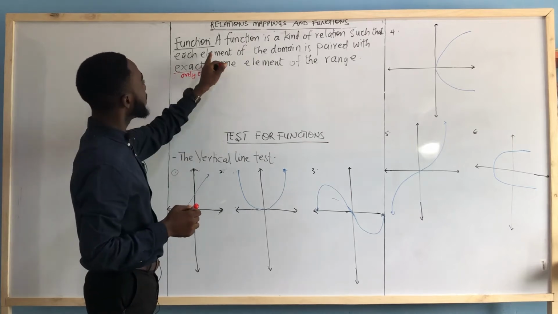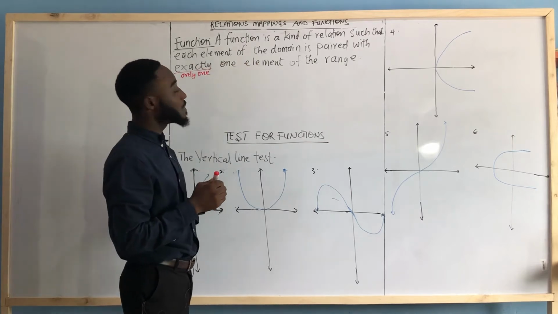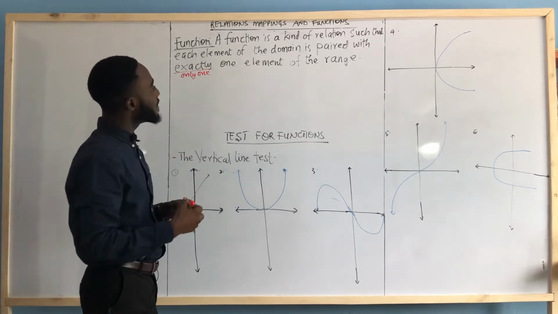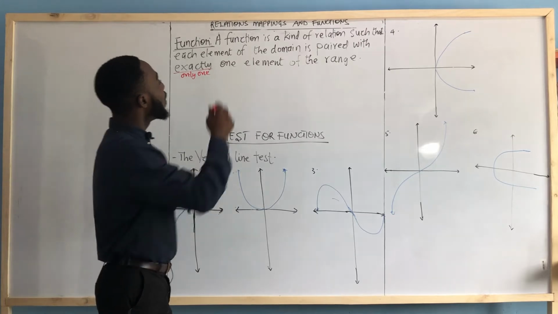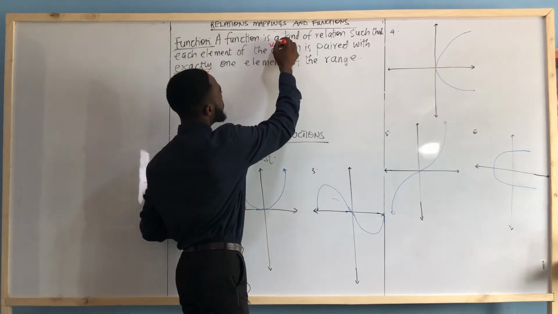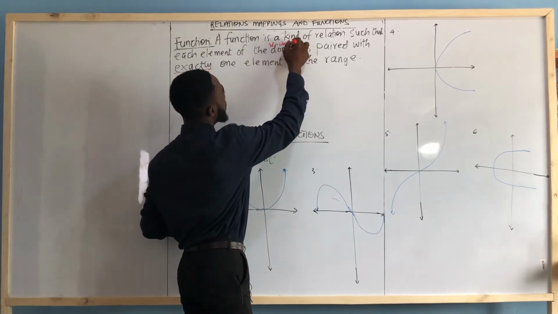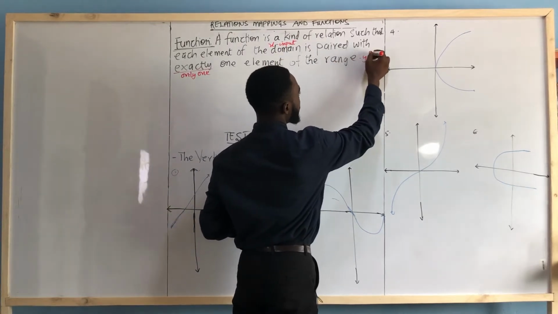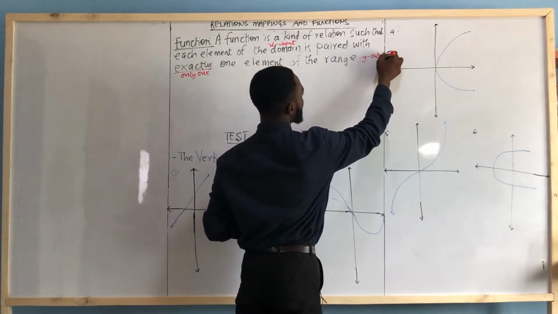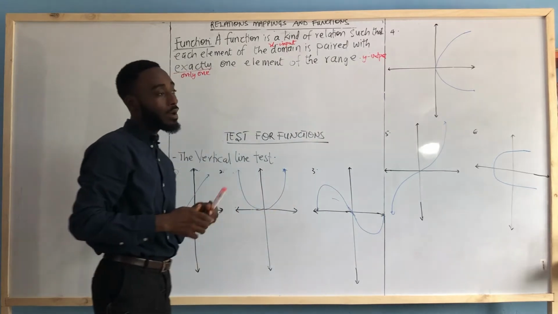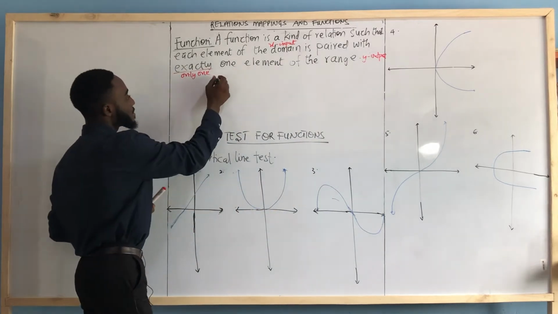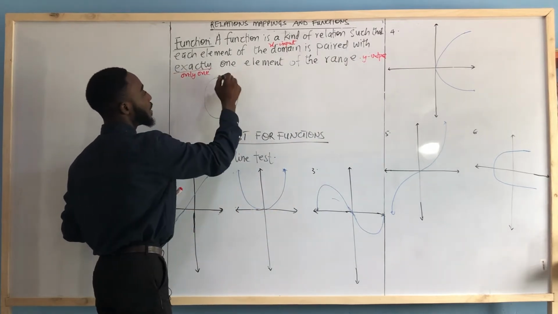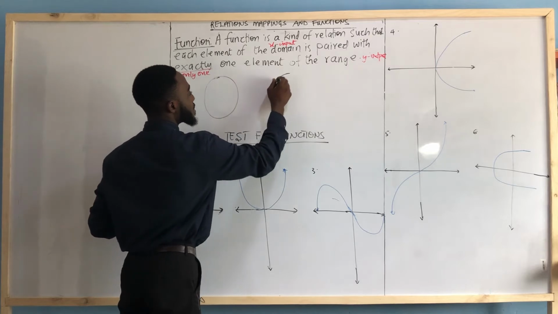So let's relate some of the things we learned last week to the definition here. The domain, which is the x or the input, and then the range in this case would be the y or the output. So let us draw a typical box set showing this.